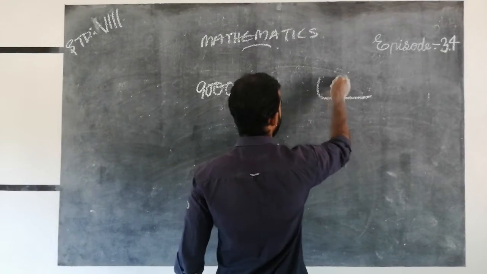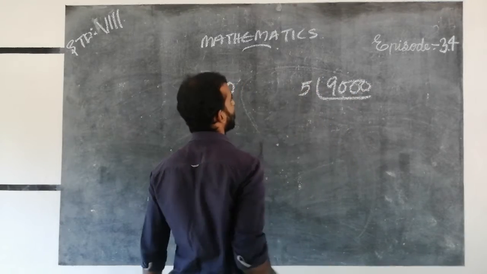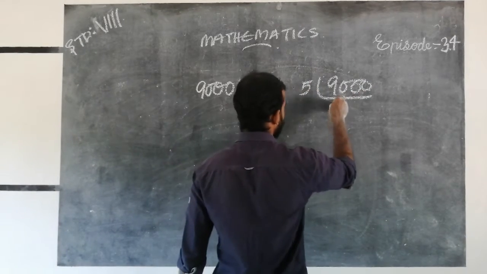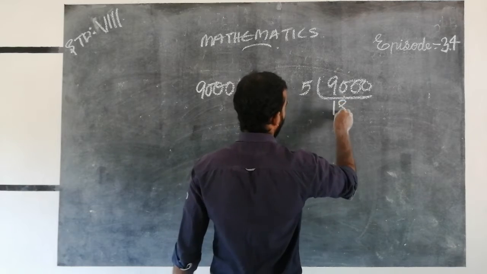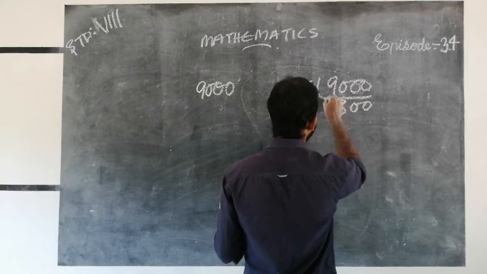That is, we take 5. That is 9,000 is 1,800 and 0 0.